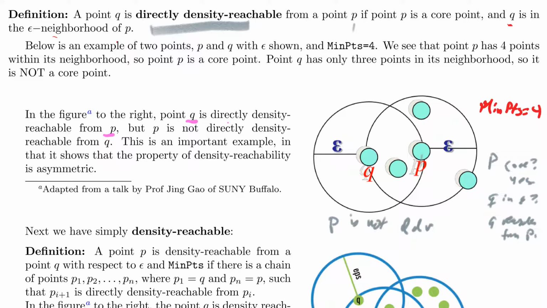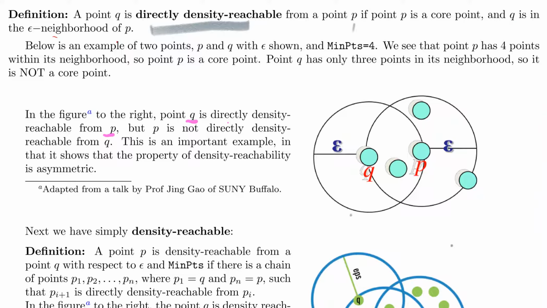This is an engineering style thing here. Good. All right, so that means that directly density reachable is not symmetric. Not symmetric. Good.